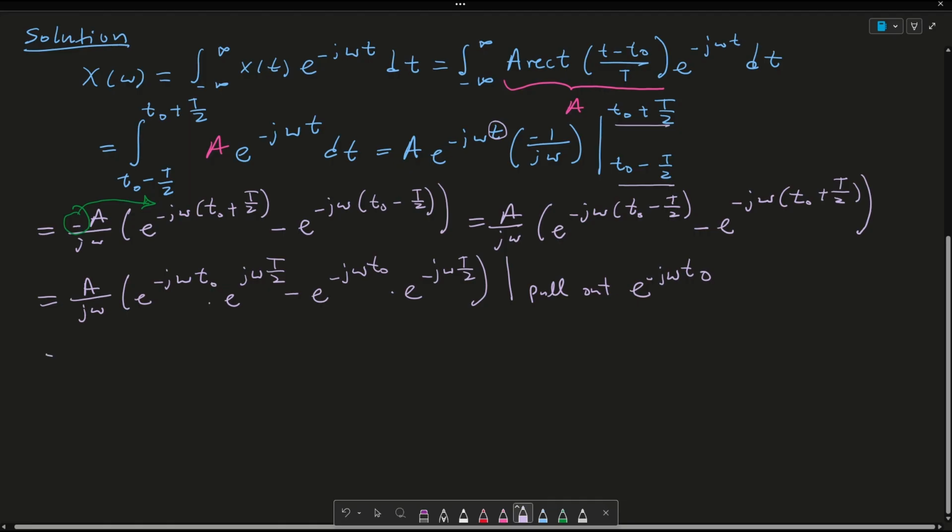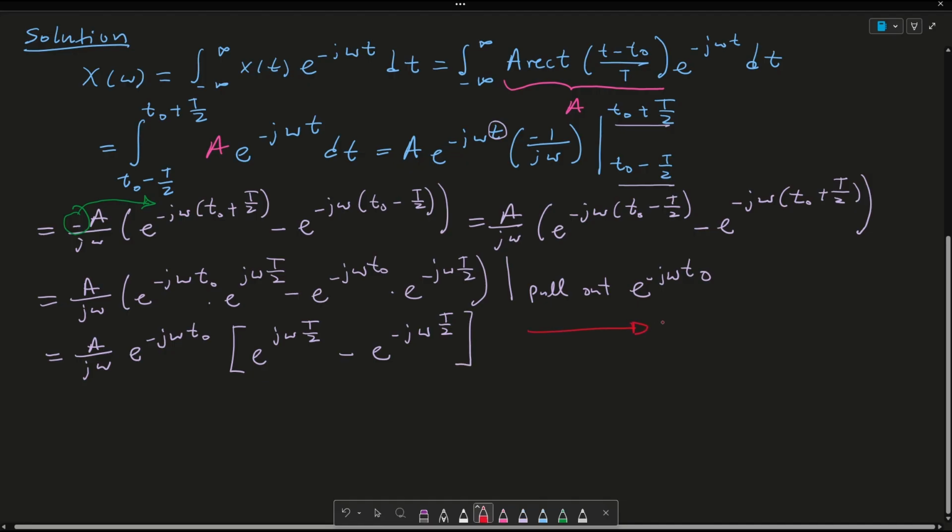So I can equate this to A over j omega e to the minus j omega t naught, which I'm pulling out, times e to the j omega T over 2 minus e to the minus j omega T over 2.